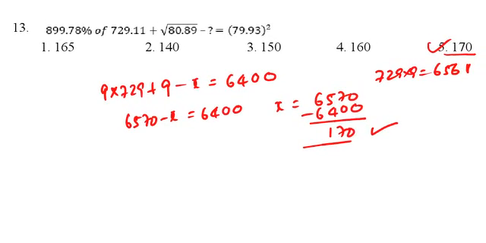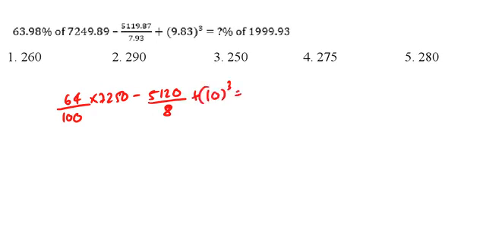See the next question. 64% of 7250 minus 5120 by 8 plus 10 cube is equal to x% of 2000, that is 20 into x. Now do the calculation.